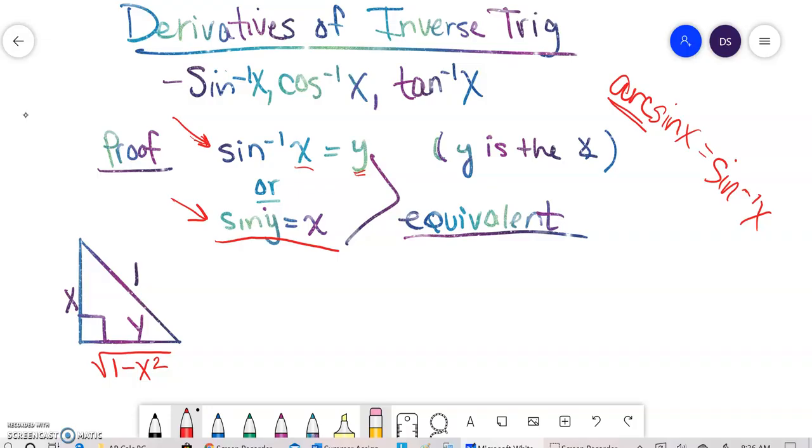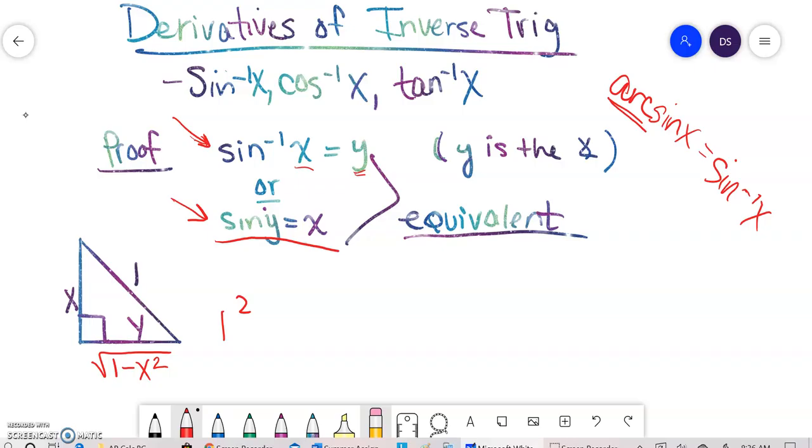If I were proving the inverse cosine derivative, I would have done the same thing and made the cosine of y be x. So I'm starting out with what I want visually. And this down here in red is what I would get from the Pythagorean theorem.